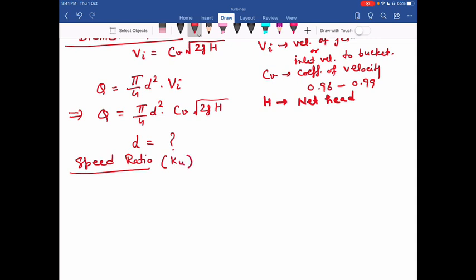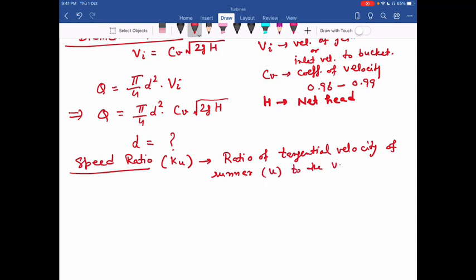It is defined as the ratio of tangential velocity of a runner, that is U, to the theoretical velocity of jet.